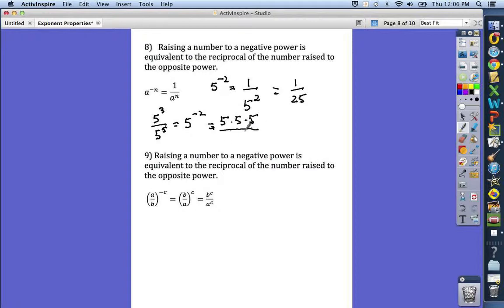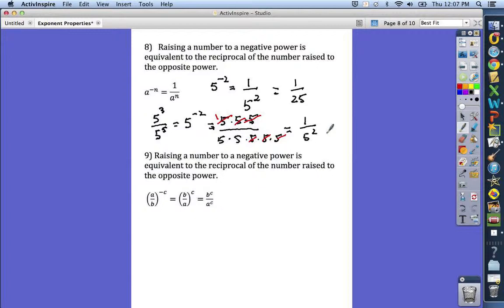And the denominator is 5 times 5 times 5 times 5 times 5, which would be 5 to the fifth power in the bottom. If you look at what cancels here, 5, that 5, and that 5, leaving you 1 up top and 25, or 5 squared, in the bottom. So that's a nice way to see how those negative exponents kind of play out.